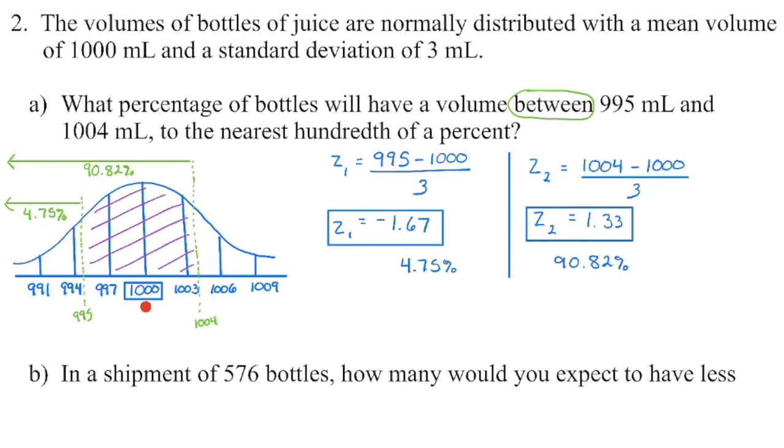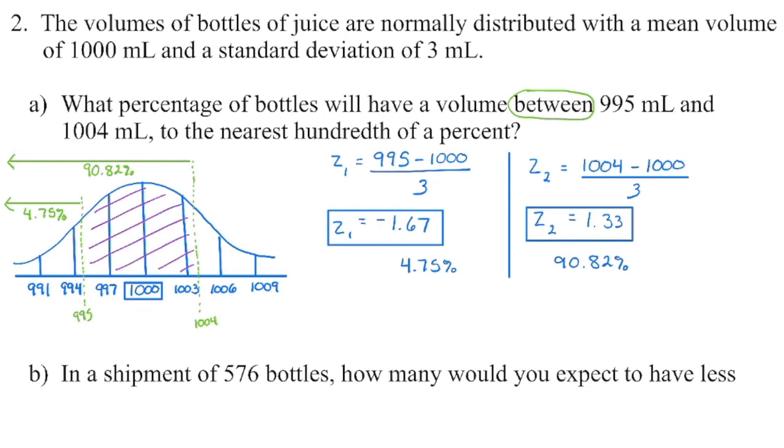If this is the mean, this is 1 standard deviation below, this is 2 standard deviations below. And because we are a third of the way from this value, we are 2/3 from this value. So there's lots of ways you can check to make sure that this is making sense. My second z-score over here is going to be 1.33, and again, it's 1 1/3 standard deviations above the mean.